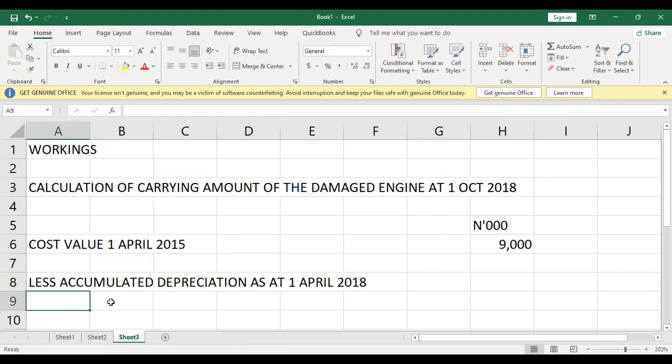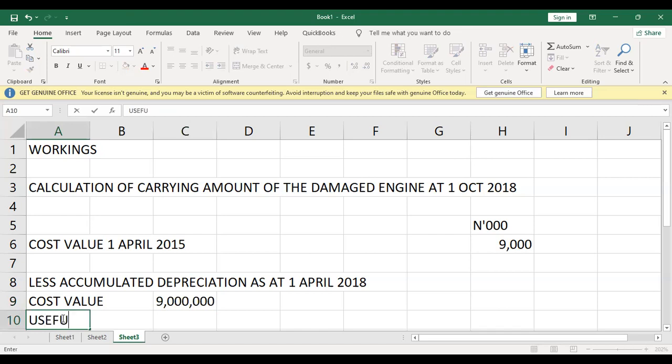So we have the formula for depreciation: carrying amount or cost value, as the case may be, divided by the estimated useful life. The cost value here is 9 million, and the estimated useful life is 36,000 hours.